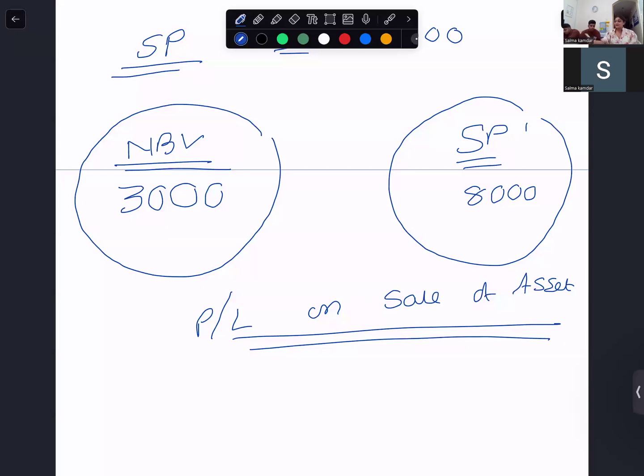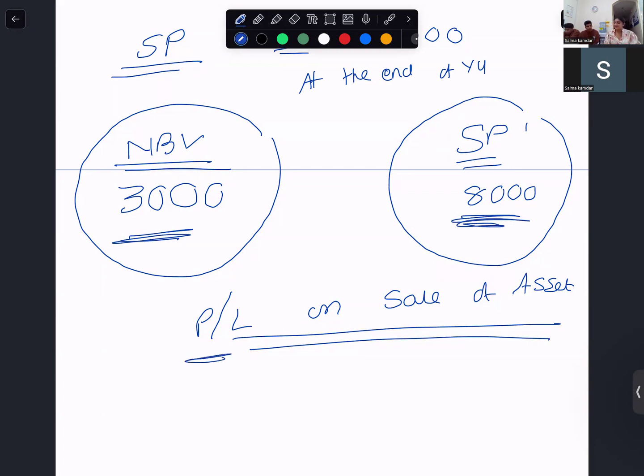I'm telling you an asset whose net book value at the end of year 4 is 3,000 is sold for 8,000. Can you give me the profit or loss on sale of asset?